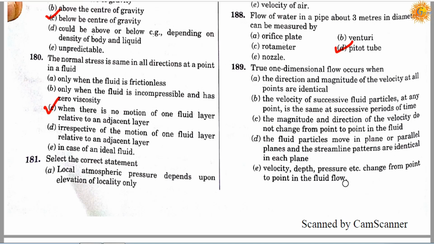So correct answer is A. True one-dimensional flow occurs when the direction and magnitude of the velocity at all points are identical.